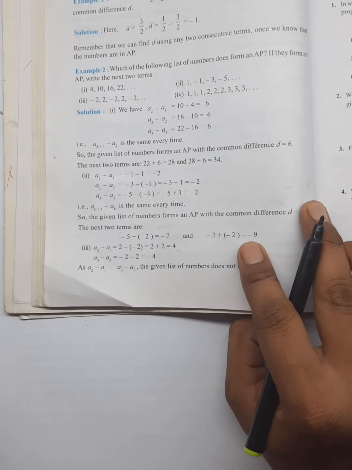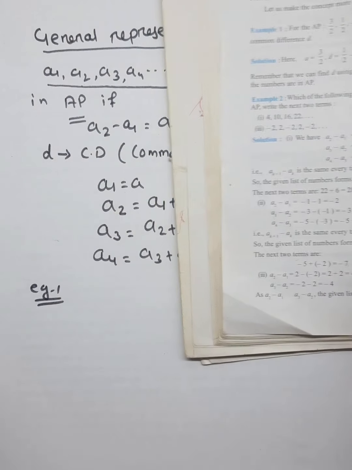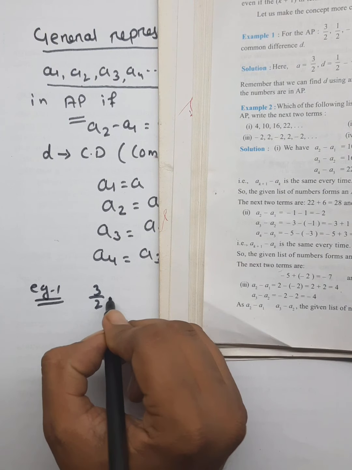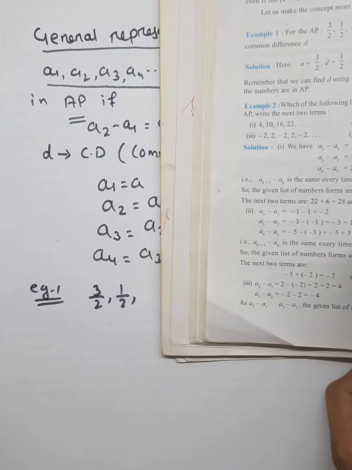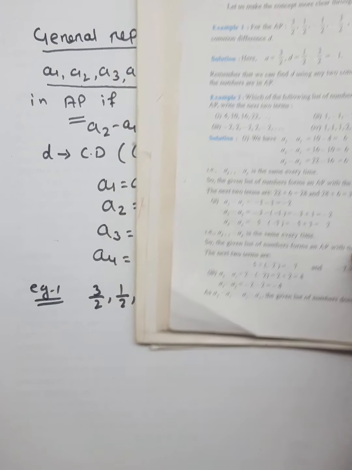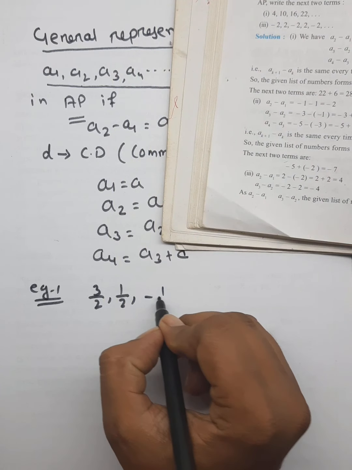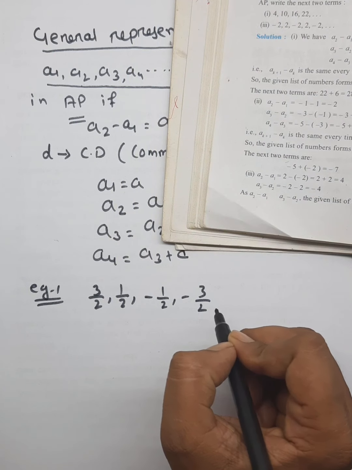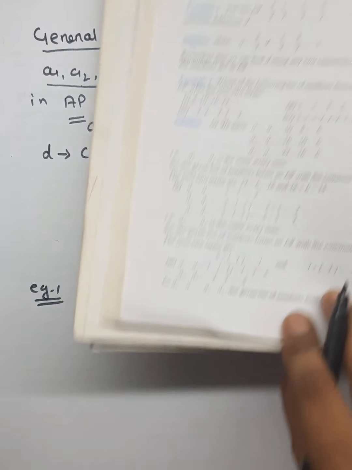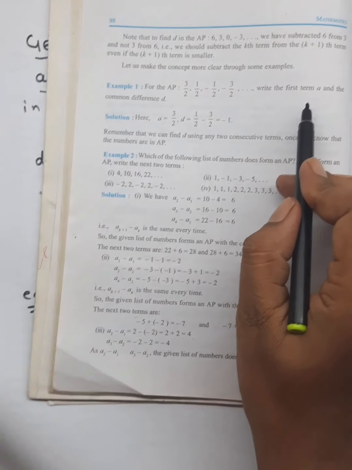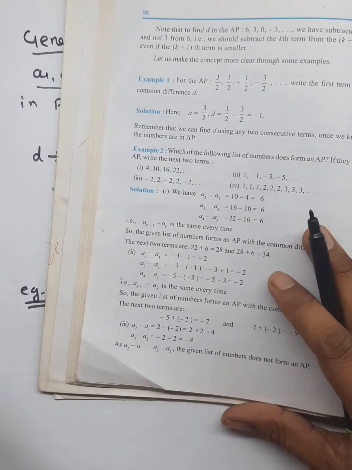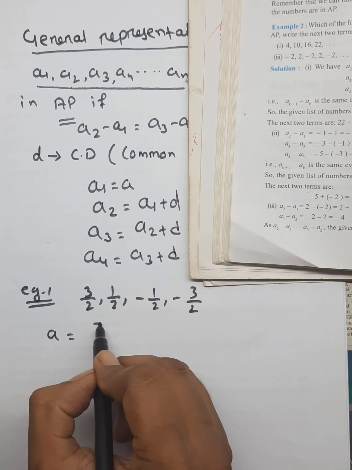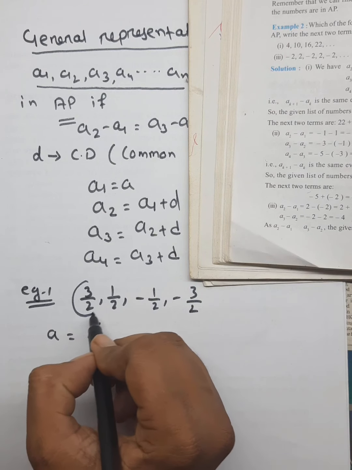Let me write the numbers: 3 by 2, 1 by 2, -1 by 2, -3 by 2. The first term is 3 by 2.